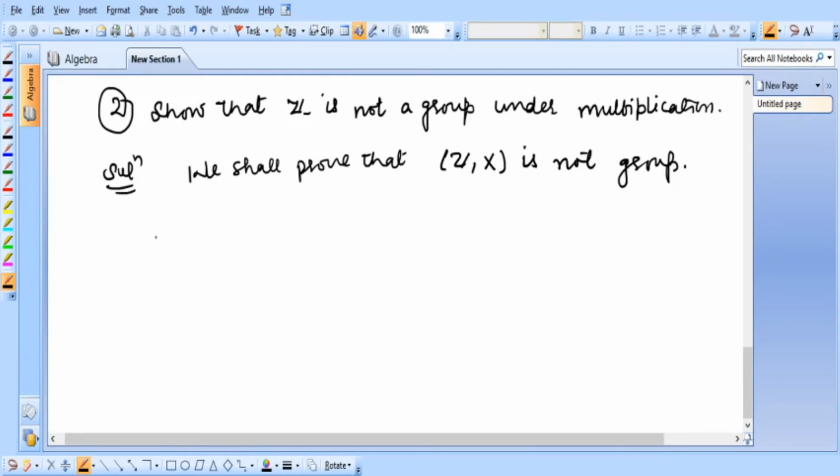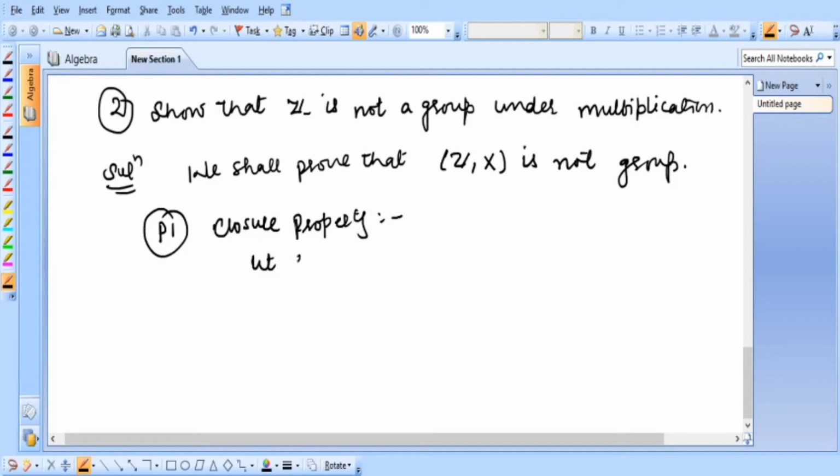So property number 1 now. Okay, closure property. For the closure property, let us take two elements, right?